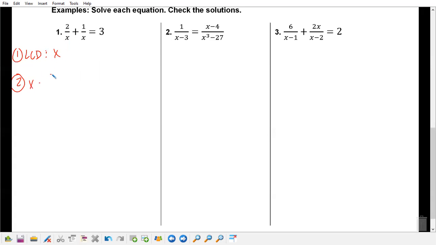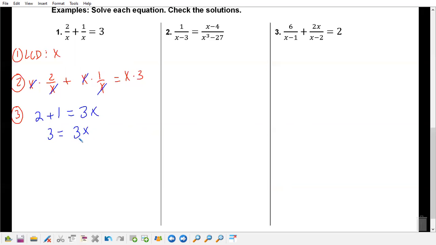So we have x times 2 over x plus x times 1 over x equals x times 3. Step 3 is to divide and simplify. So we cancel the x's, and that leaves me with 2 plus 1 equals 3x, which gives me 3 equals 3x.